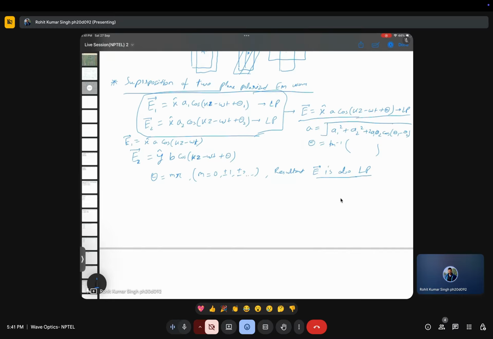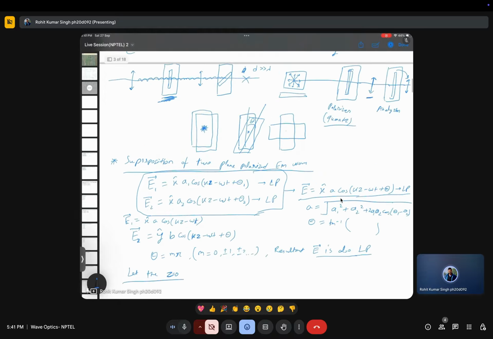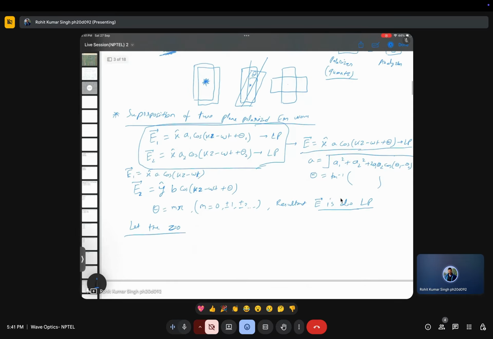So now let's assume that we are looking at the wave at origin, like at z equal to 0, right? So this we can assume, because we are not interested in the propagation of the wave. Okay, in z direction nothing much is happening. Whatever is happening is in the transverse direction.